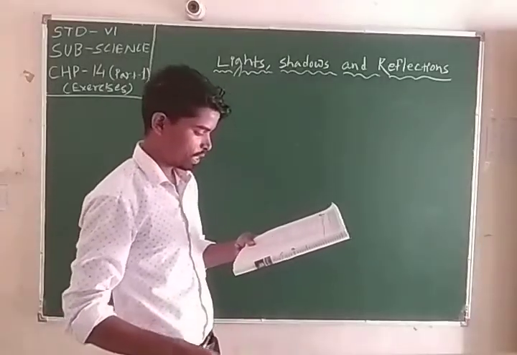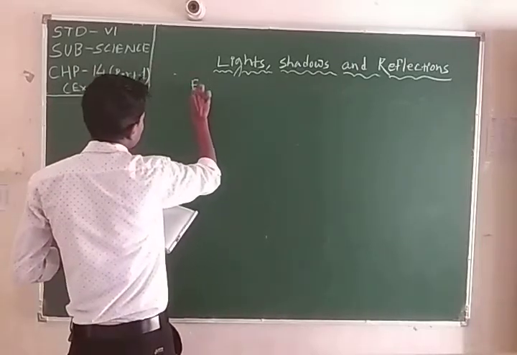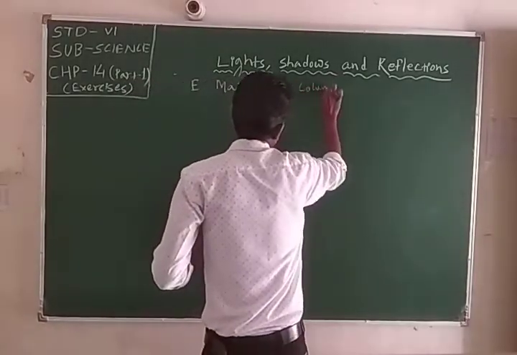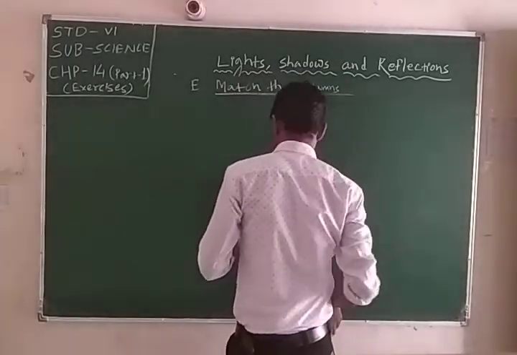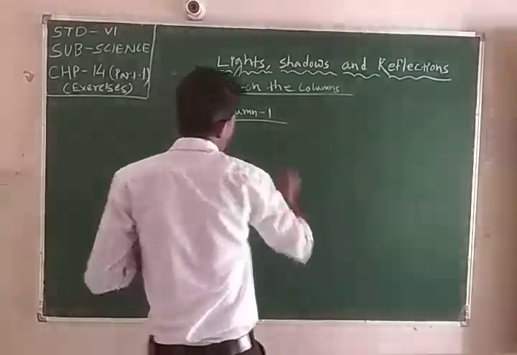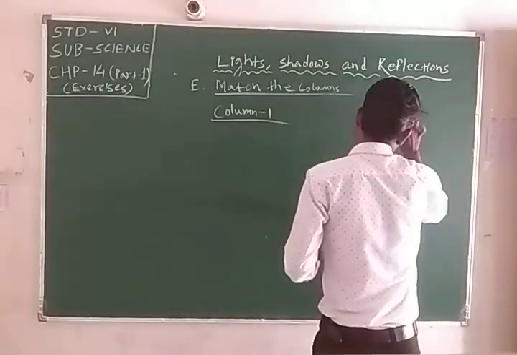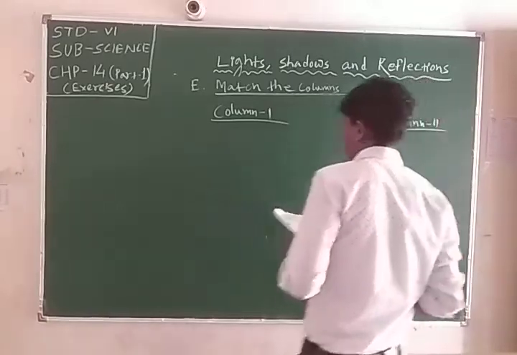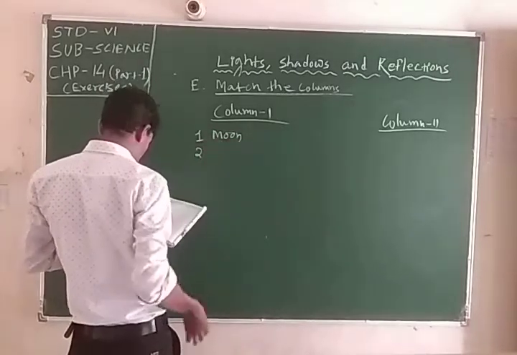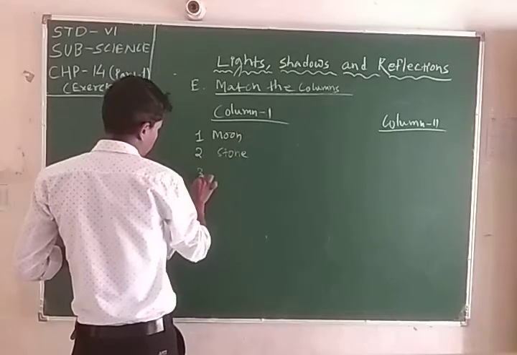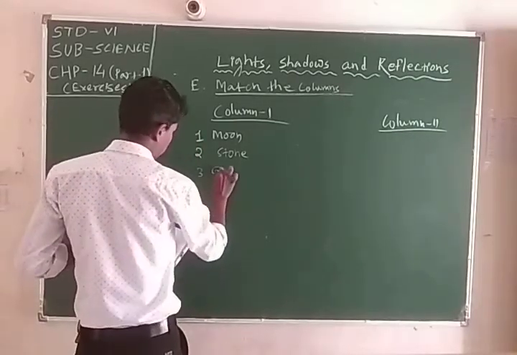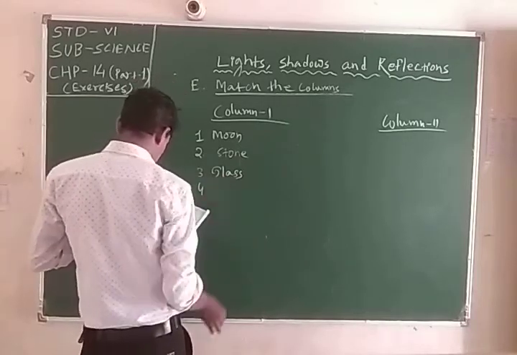Student, number E, match the columns. Column 1 and column 2. Column 1: number 1 moon, number 2 stone, number 3 glass, number 4 electric bulb.